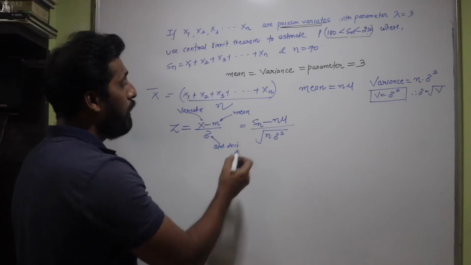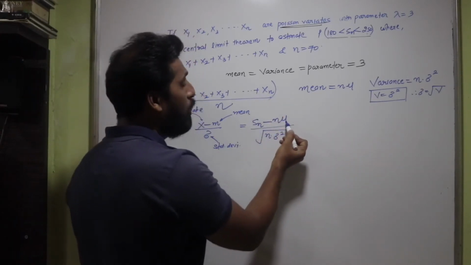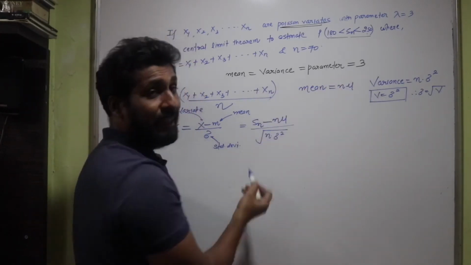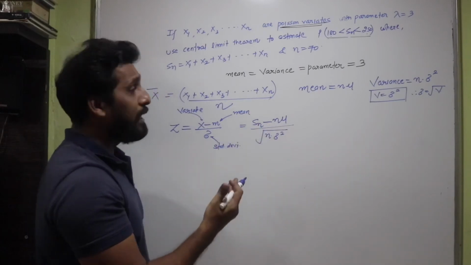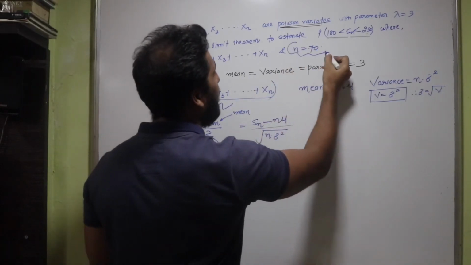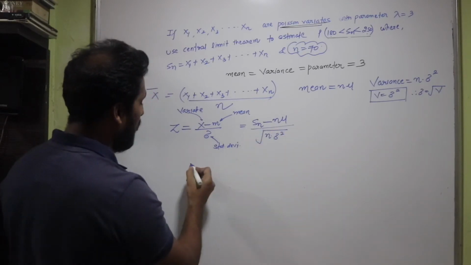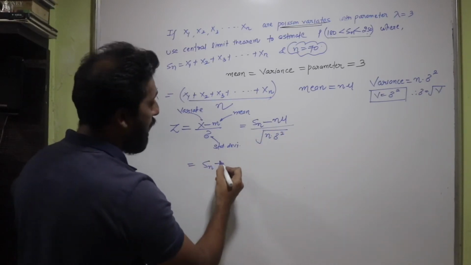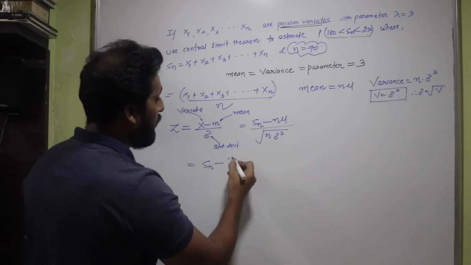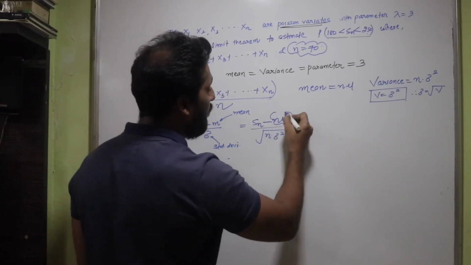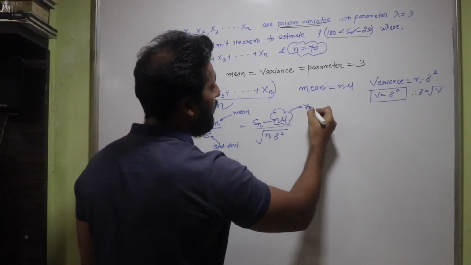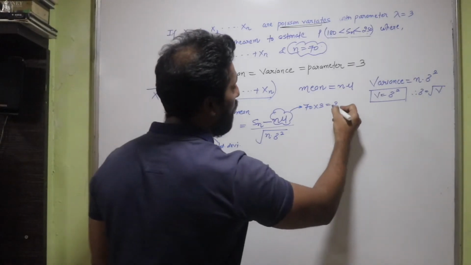Now we know that the value of mean is 3 and n is the sample size. The sample size is 70 here, so I'm going to write the sample size 70 over here. The formula now becomes Sn minus 70 into 3. Let's get this value separately. n into mu, so n is 70 into mu is 3. That becomes 210.